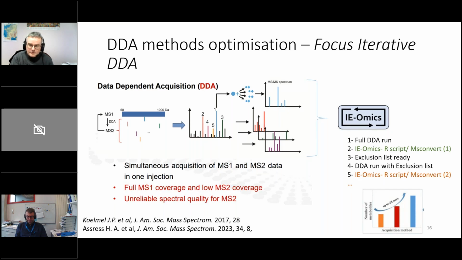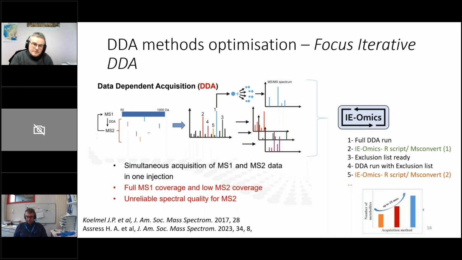It's in R, but we have pop-ups that you have to fill to say, okay, positive mode, I want to select this and that. So it's really easy to use. It will create an Excel sheet with a list of ions that you can import into your acquisition method, and then you start again a DDA experiment, but now with an exclusion list added to the method.